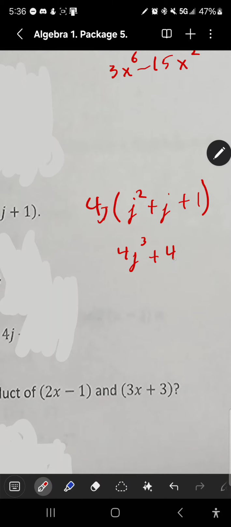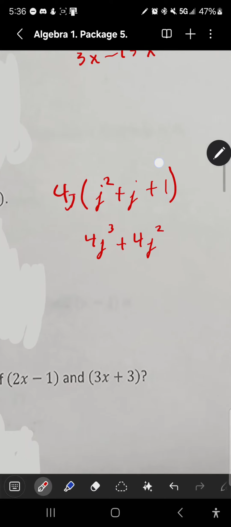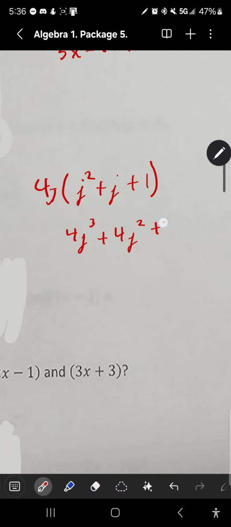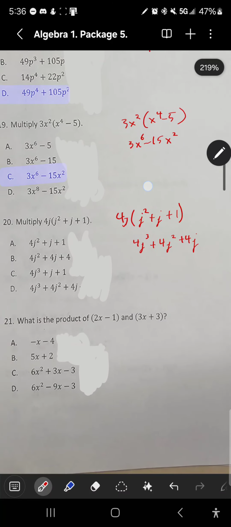Now 4 times 1 again is 4. Then y times y is y to the 2. And then 4 times 1, 4. And y times 1, because we don't have a variable, we just keep the y. So that's our answer, which is D.